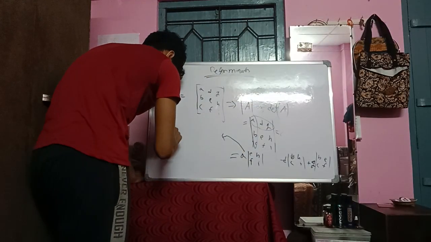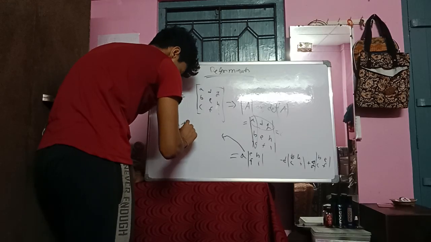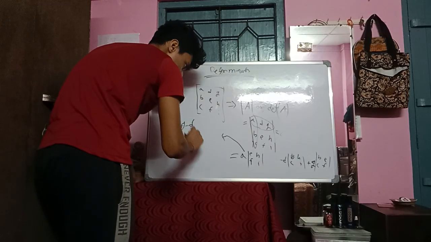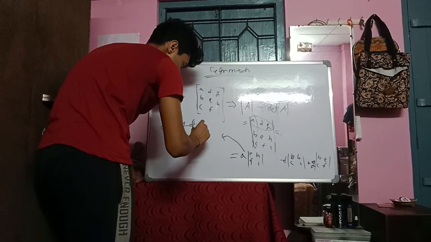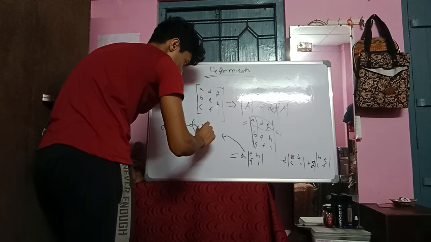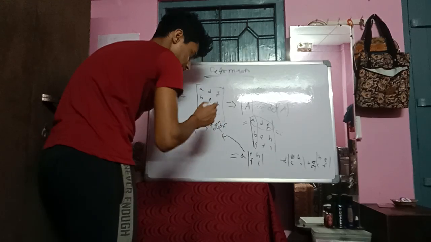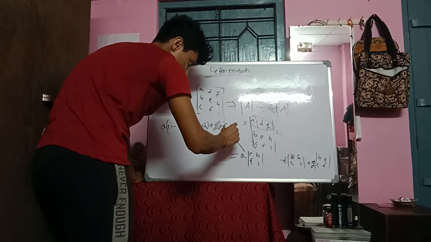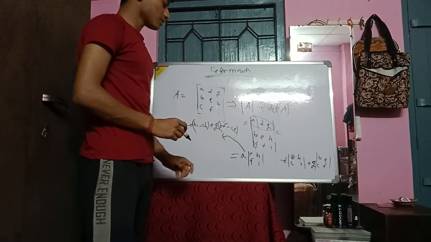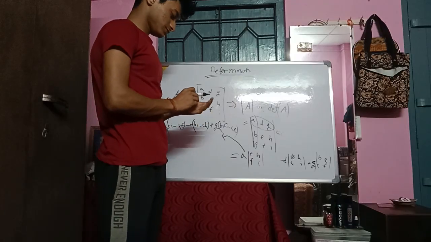So it will be A times (EI minus HF), minus D times (BI minus CH), plus G times (BF minus CE). Okay? So this is the formula of a 3 by 3 determinant.